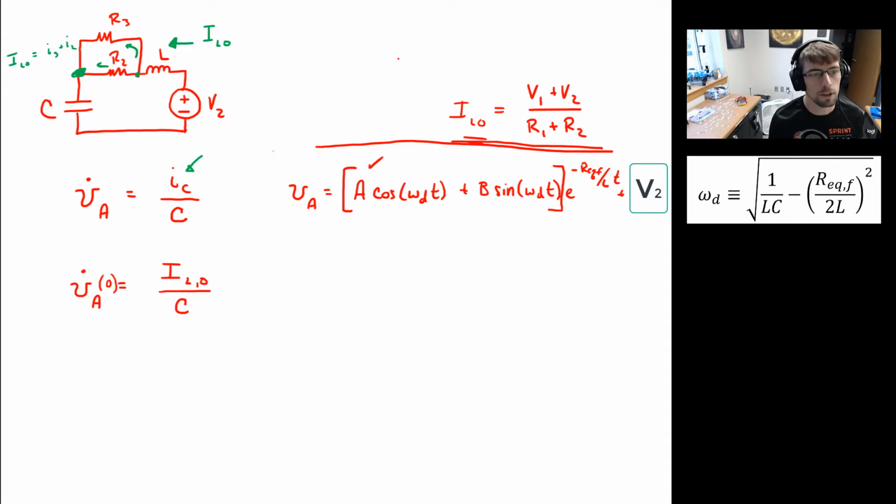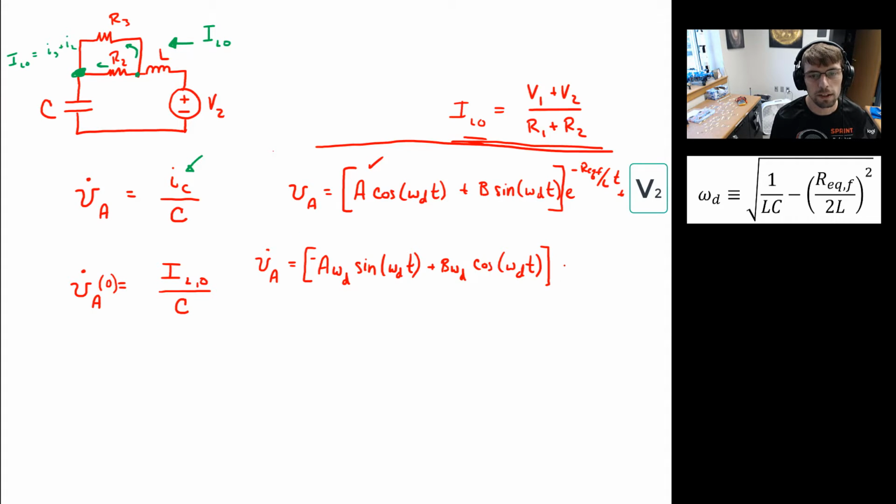First off, take a time derivative. Ugh, right, product rule. Well, this is going to get messy really fast. We get negative A omega_d sine of omega_d t, and then you have this e to the yada yada yada floating out front. We have this B omega_d cosine of omega_d t. Not for the faint of heart, is it?